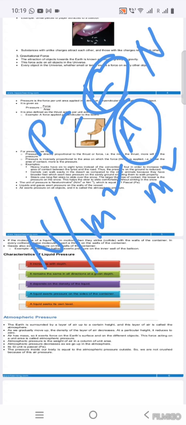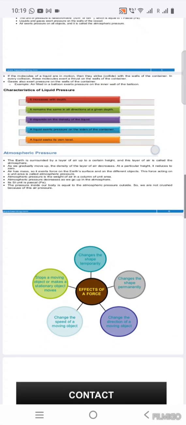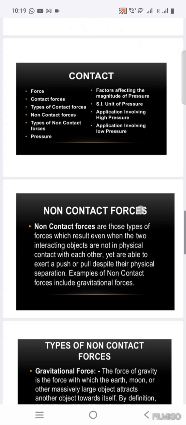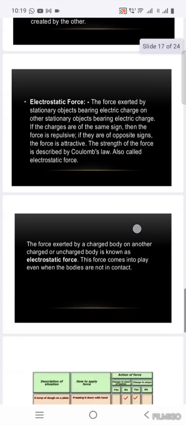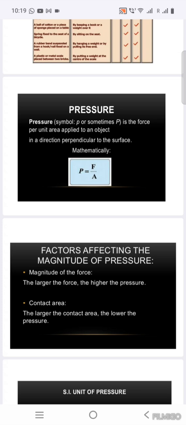Here are some applications of pressure. Pressure equals force upon area.